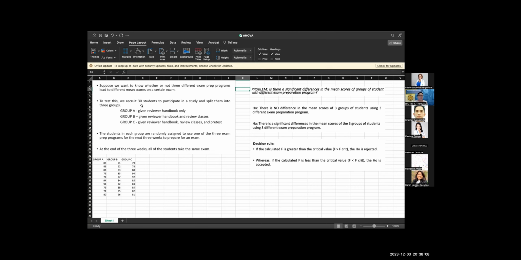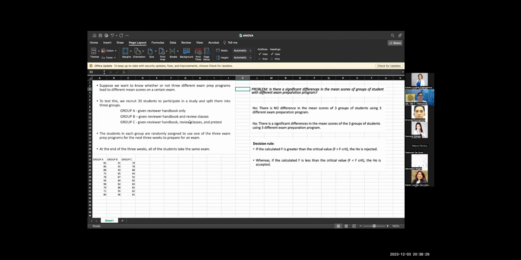Group A is given a reviewer handbook only and they study on their own. Group B is given a reviewer handbook and review classes. And group C is given a review handbook, review classes, and a pre-test.